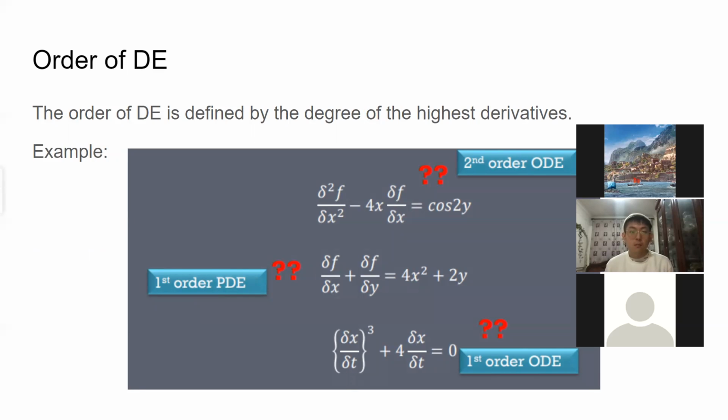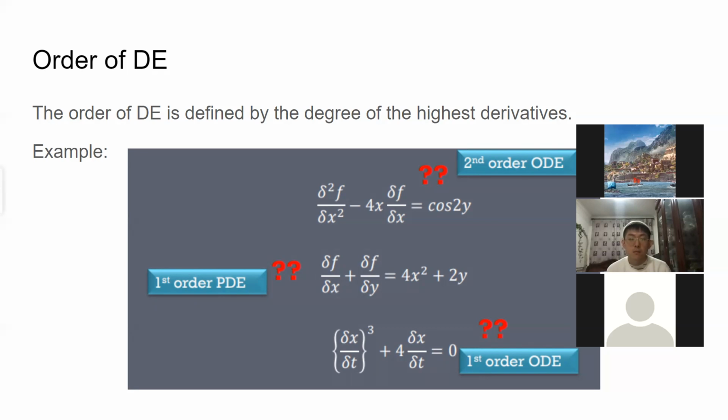So this is the order of DE. The order of DE is defined by the degree of the highest derivative. For the first example, we have d squared f over dx squared minus 4x df over dx equal to cos 2y. So this is second order because the highest derivative is 2.